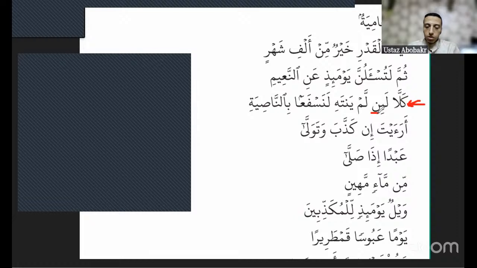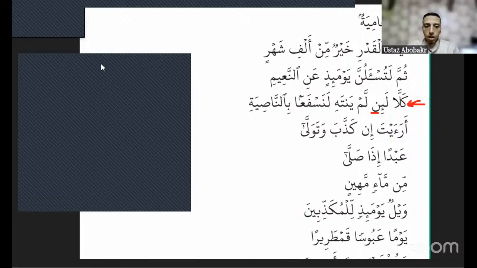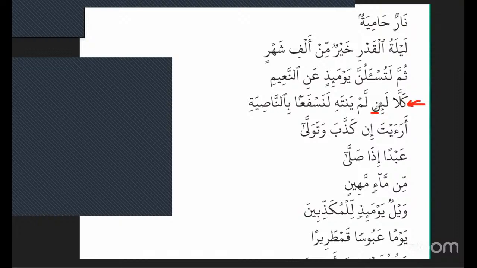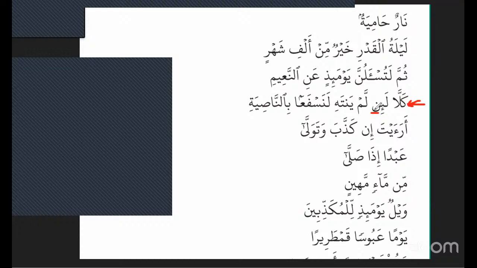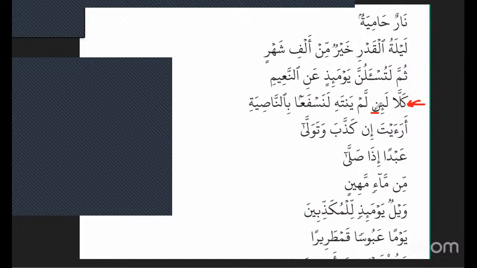The letter after this noon sakina here. Lam. So that is one of the letters of idgham, and it is for idgham without ghunna. So we skip the noon. We say كلا لئن لم, without pronouncing the noon. So we make it silent. كلا لئن لم. Excellent.